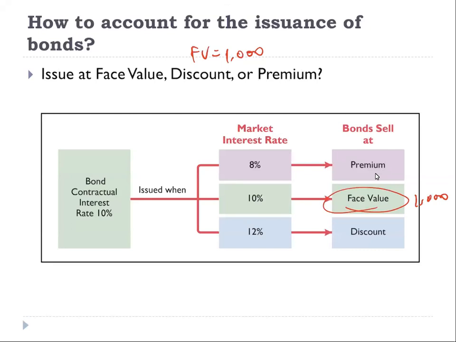However, it's not always equal to $1,000. Sometimes the firm may issue the bond at a discount, sometimes at a premium. In other words, sometimes when the firm issues this $1,000 face value bond, they may only sell it for $919.